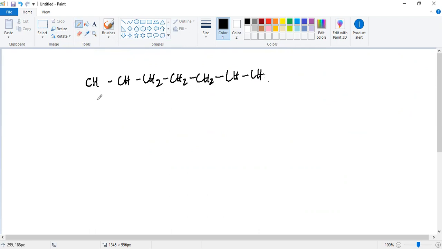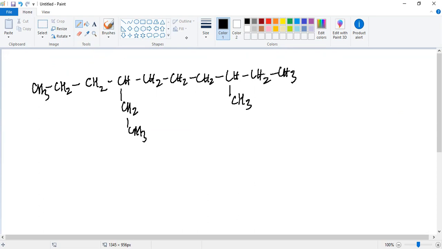So let it be CH2, CH2, CH3. And here you have methyl, and here you have ethyl, CH2, CH3. Now, my dear students, we want to give numbering.